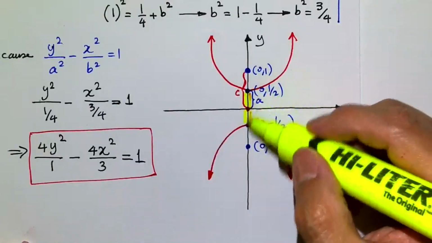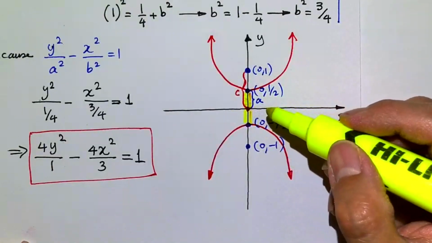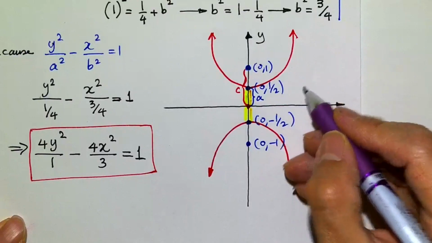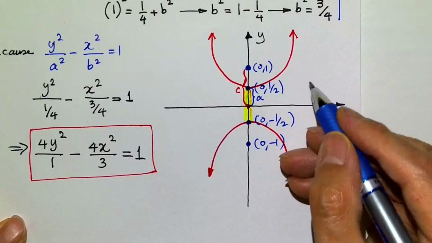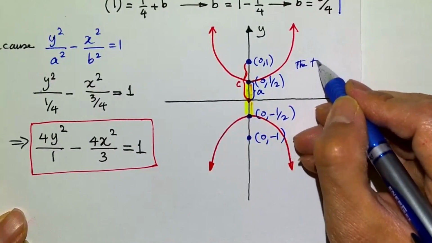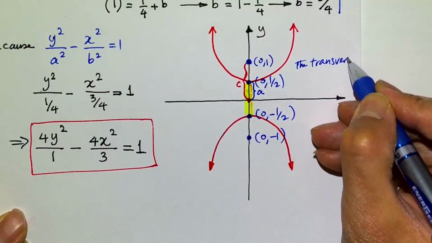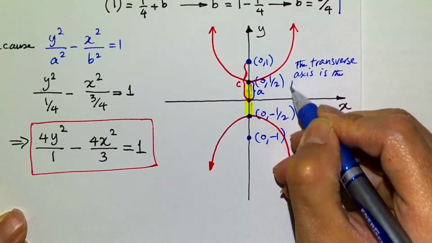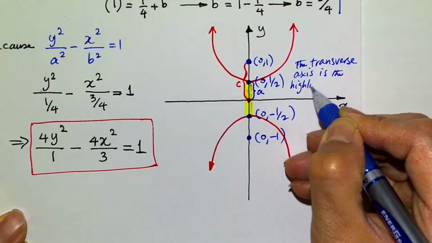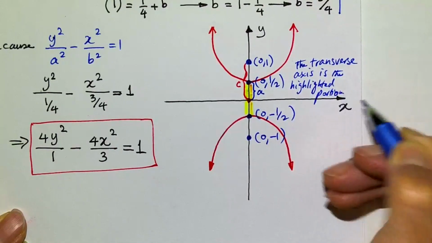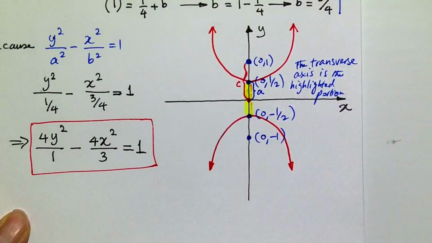The yellow highlighted distance is the transverse axis, which is 2a.